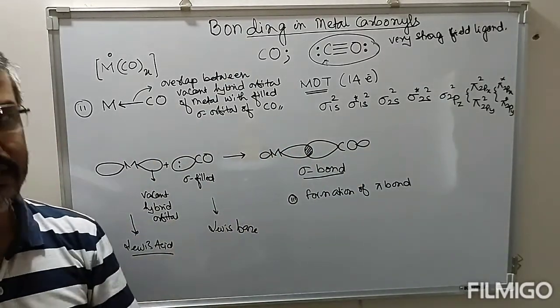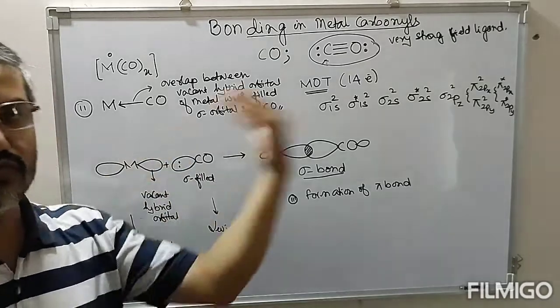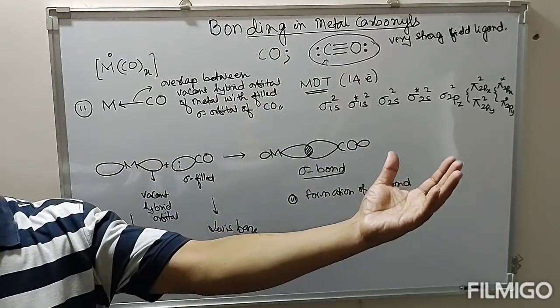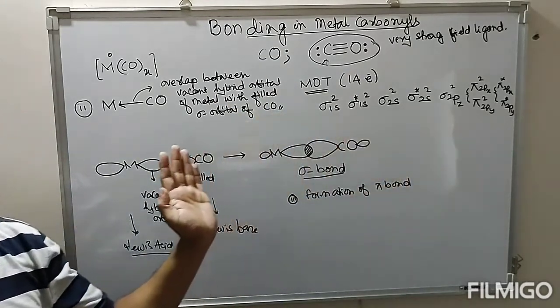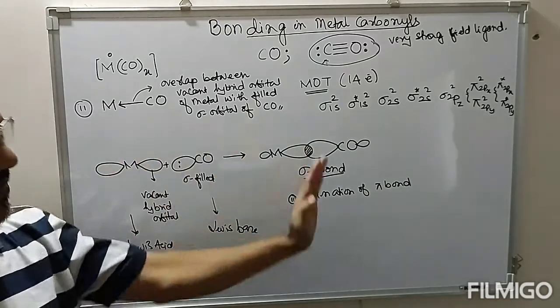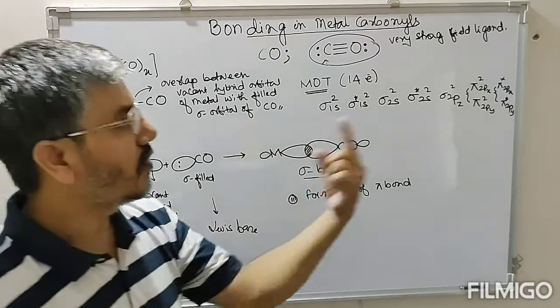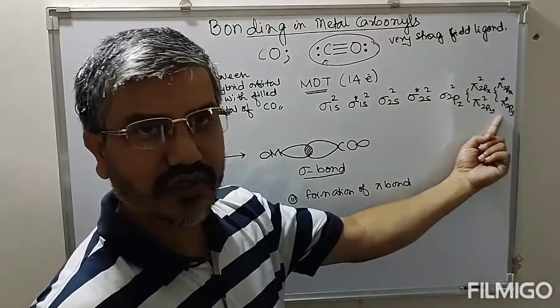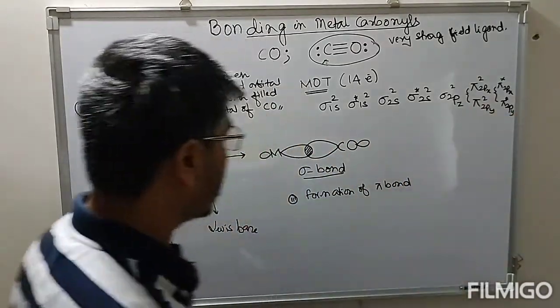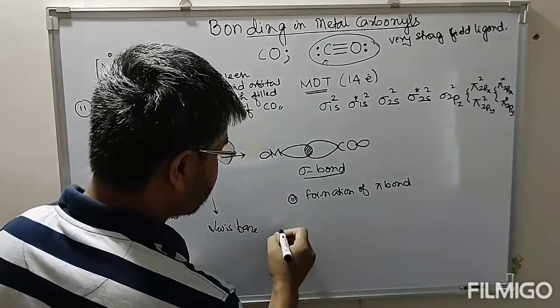And to decrease this electron density, the metal will try to transfer electron density to the carbon monoxide. So in this formation of the pi bond, the filled d orbital of the metal will overlap with the antibonding pi orbital of the carbon monoxide.